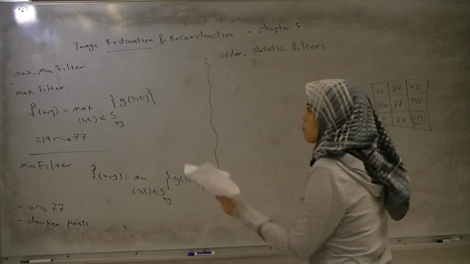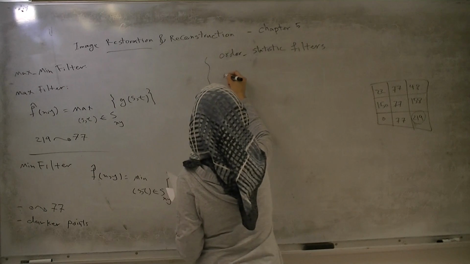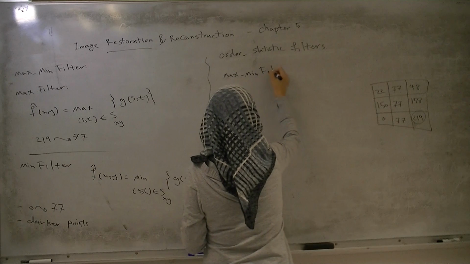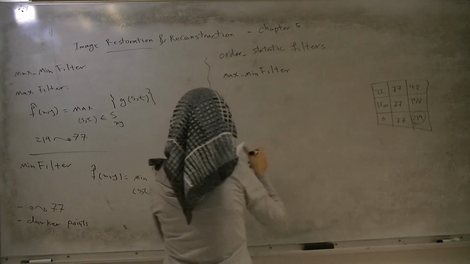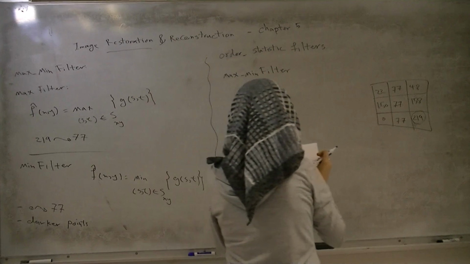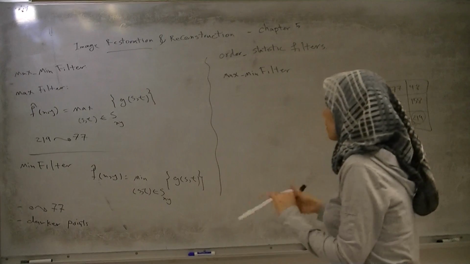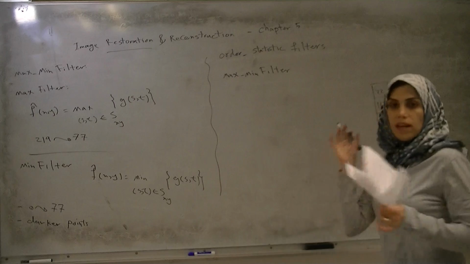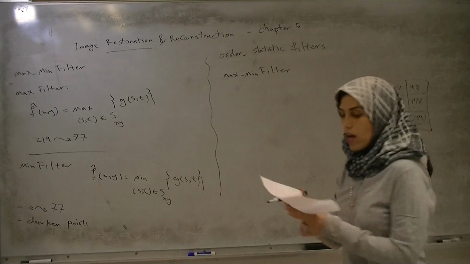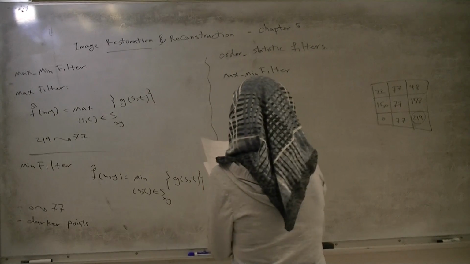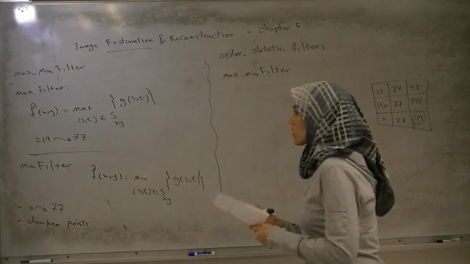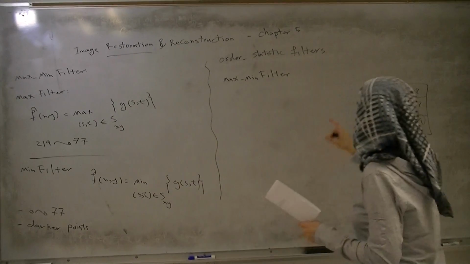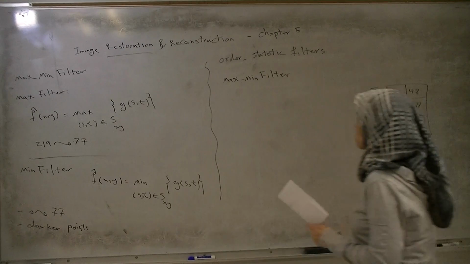The next one is the max-min filter. If we use the max-min filter, this one can blur the noisy image, because it replaces the pixels with the difference of the max and the min of those pixels in the S xy.